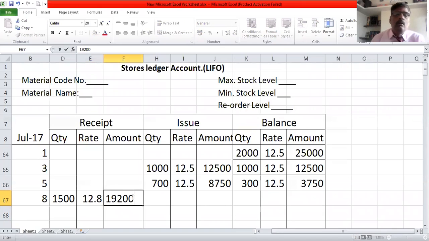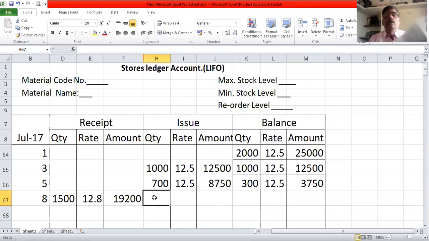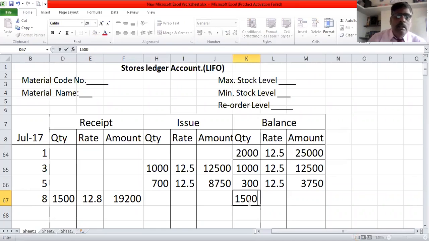You take 19,200 to the balance column. In the balance column, 1500 at the rate of 12.8, amount 19,200.